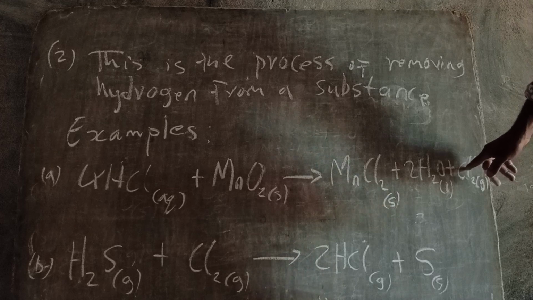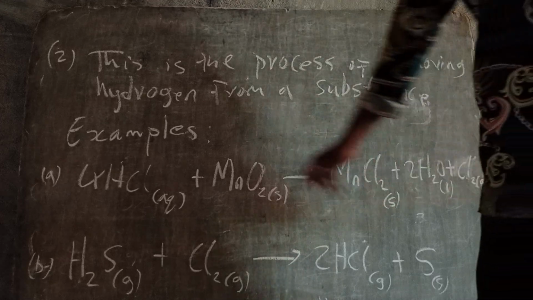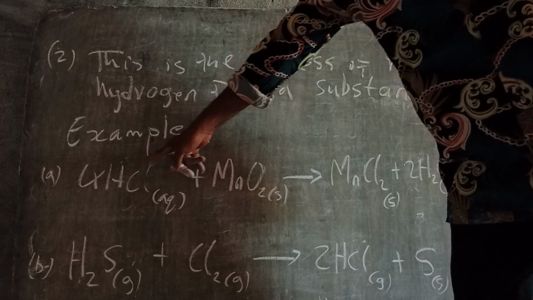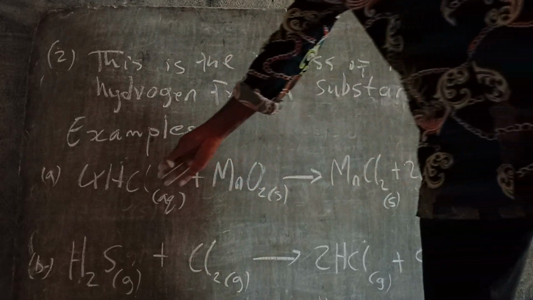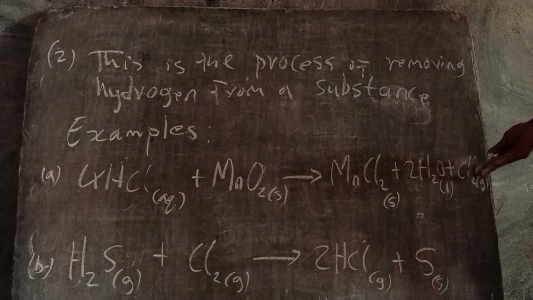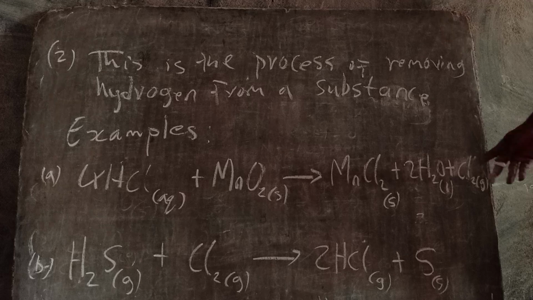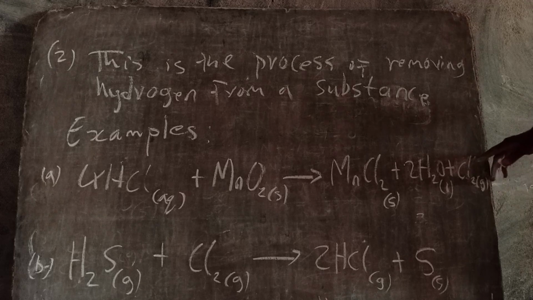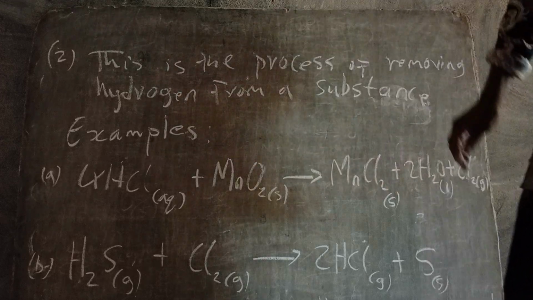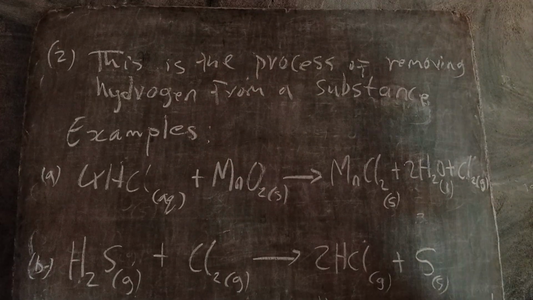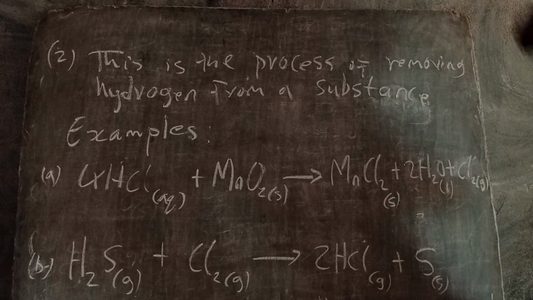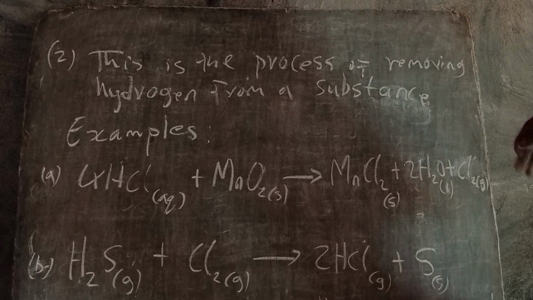If you check very well, you will discover that hydrogen has left chlorine. On the reactant side, chlorine is not alone, but on the product side, chlorine is alone. That is to tell that hydrogen has been removed from this chlorine. So in this case, this is an oxidation reaction because hydrogen has been removed.